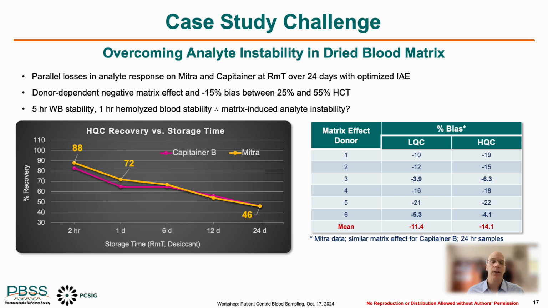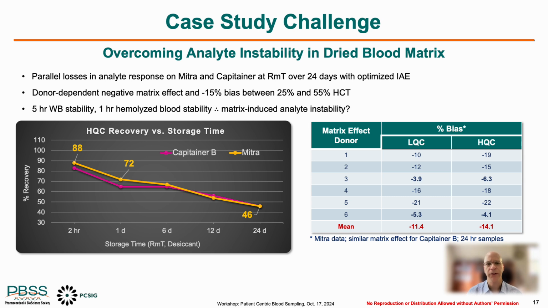Now we know historically, once again, that impact-assisted extraction results in consistent recovery independent of hematocrit and is immune to age-related extractability. And so when we see trends like this on both media types, matrix-induced analyte instability must be considered, and this conclusion is supported by the additional observations of a negative 15% response bias in proceeding from 25% to 55% hematocrit, indicating RBC involvement towards instability.